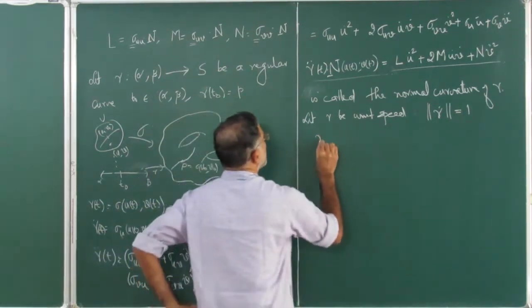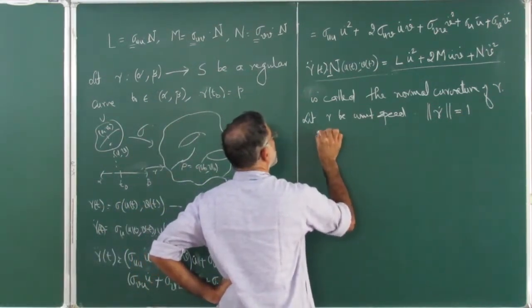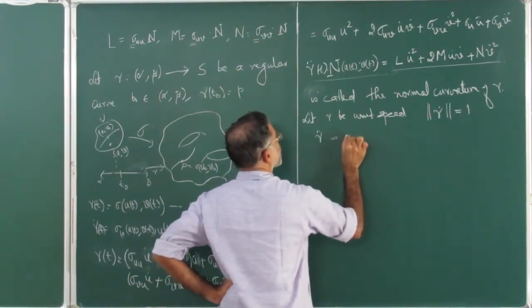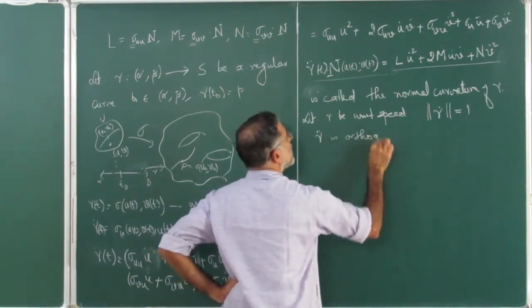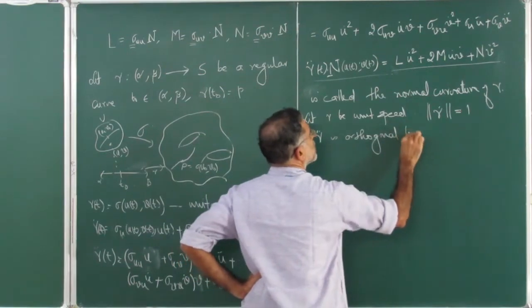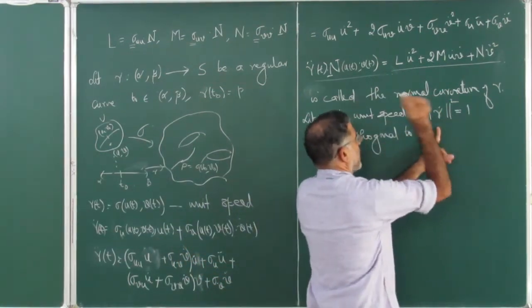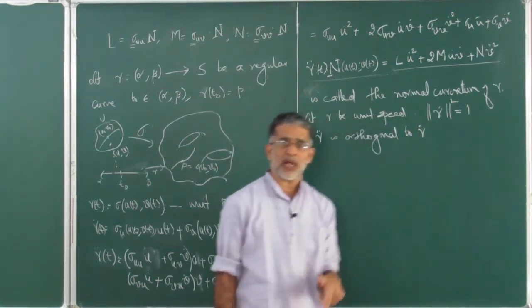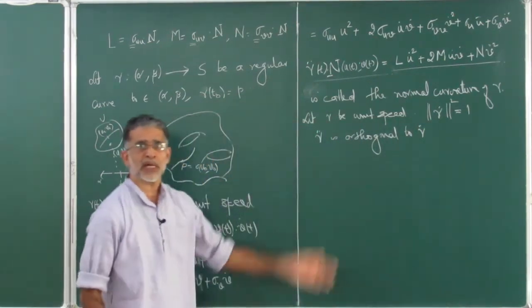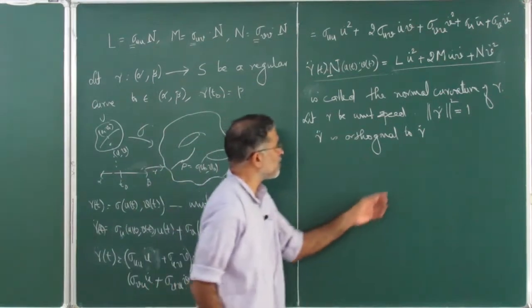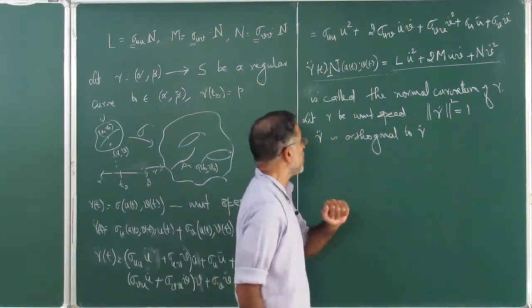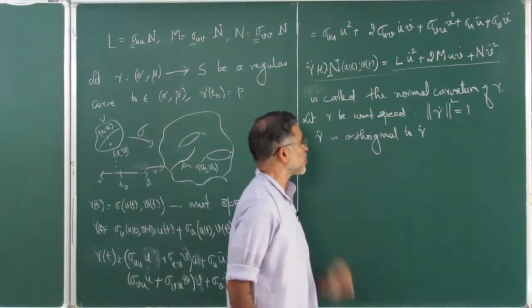Therefore gamma double dot is orthogonal to gamma dot. If it is 1, its square is 1. So gamma dot dot gamma dot is 1. Differentiate, you get twice gamma dot dot gamma double dot, right hand side 0. So gamma double dot is orthogonal to gamma dot.